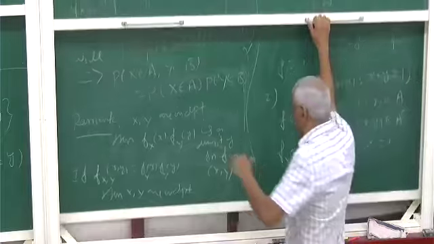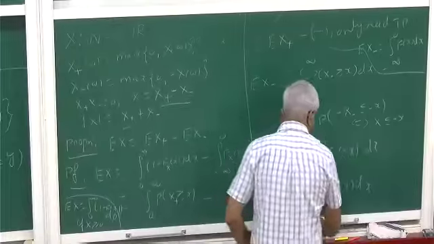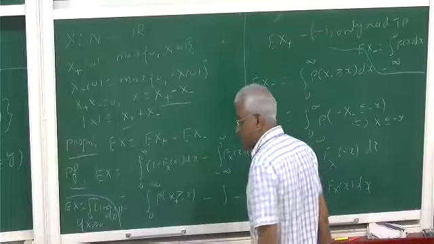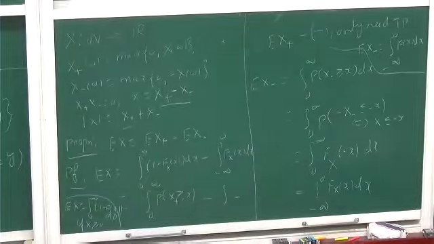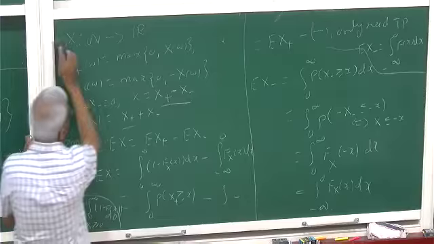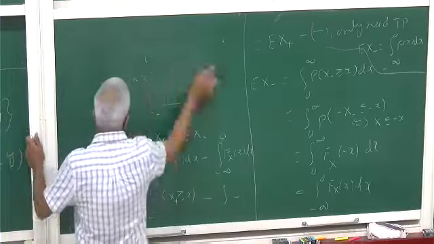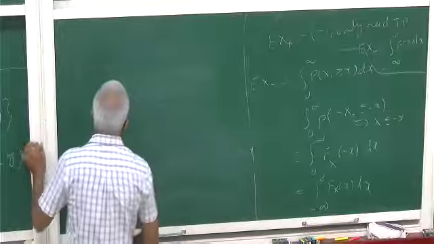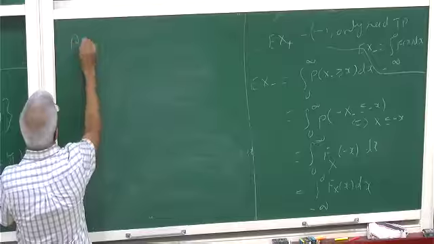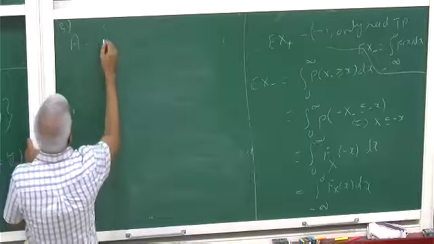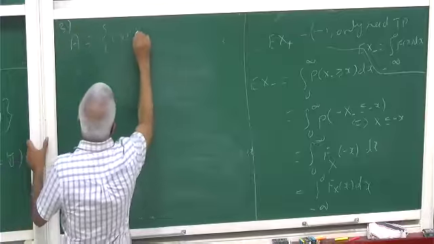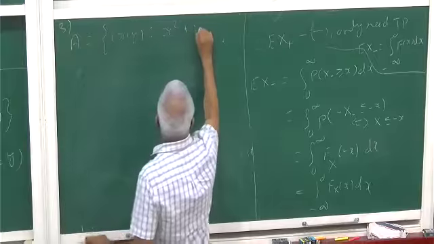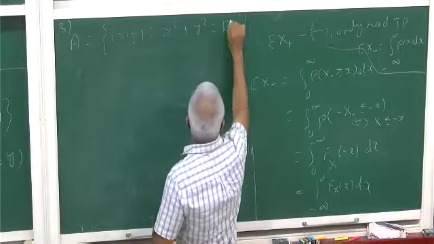You can have another example, the same uniform example. You can take the disk you want. Example 3: A equal to all those (x, y) such that x square plus y square is less than or equal to r square, for some r.